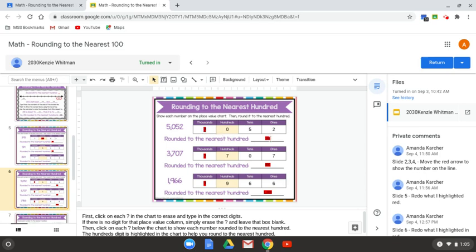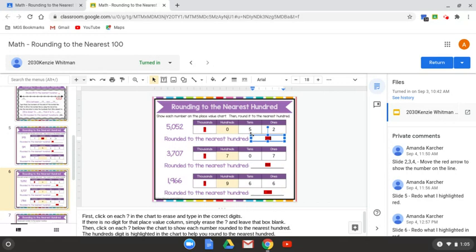5,052. So when we're looking at 5,052, we are rounding to the nearest 100. So that 5 is going to stay there, okay, in the thousands place. So for rounding in this spot, we're going to look next door to the right.